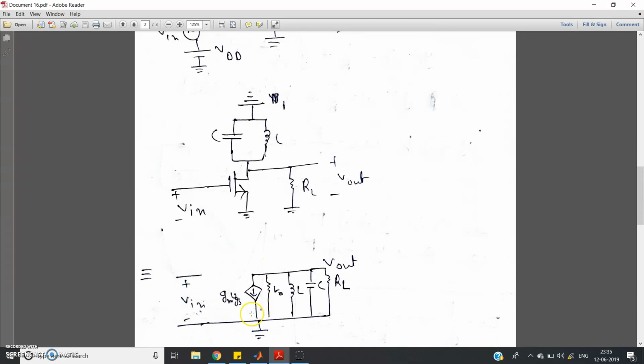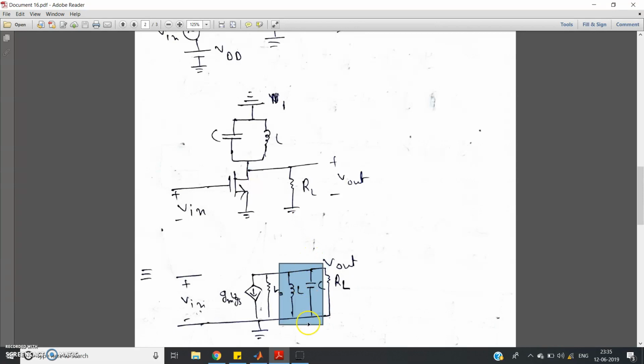Now from drain to source, gm VGS current flows. R0 is the MOSFET output resistance, and this L, this capacitor and this RL are present. Why? If you consider this as the MOSFET drain, the inductor and capacitor are connected between the MOSFET drain and ground, so nothing has changed here.